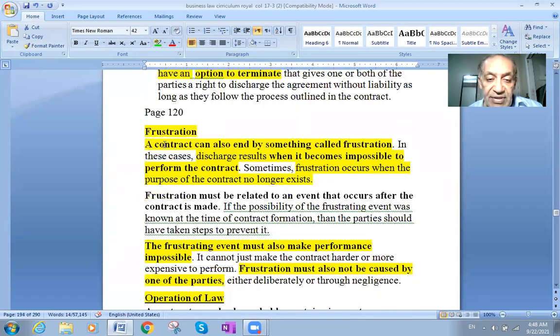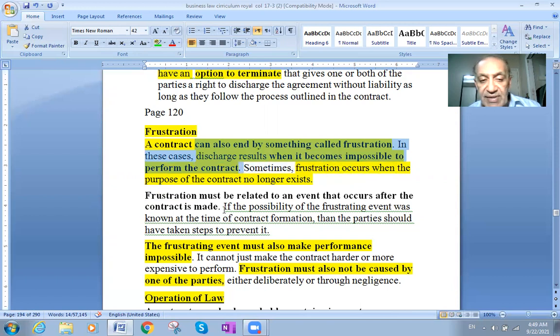How about frustration? A contract can also end by something called frustration.